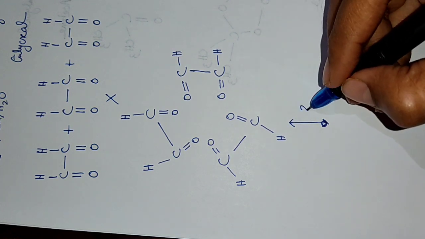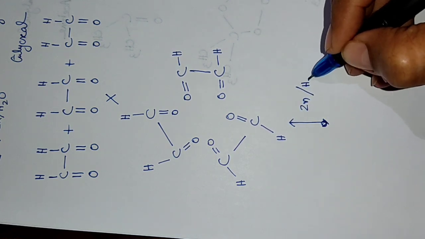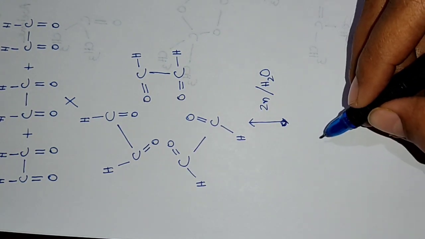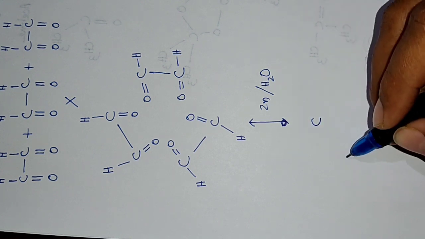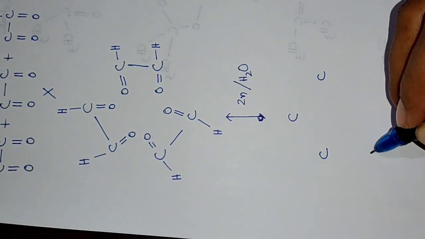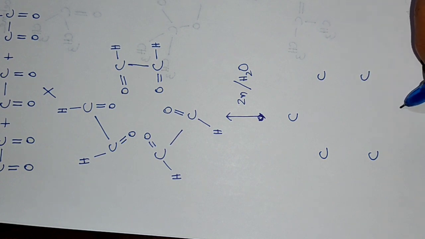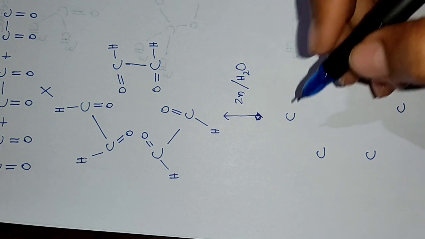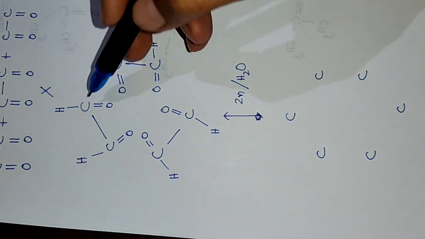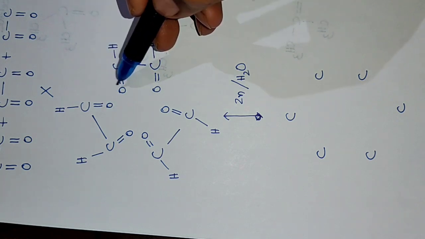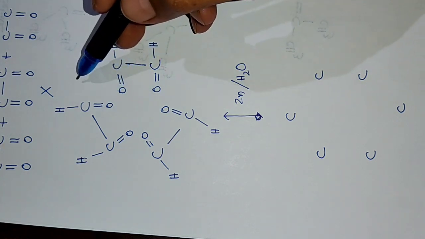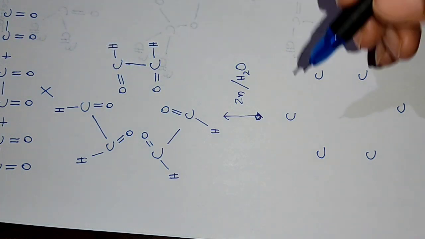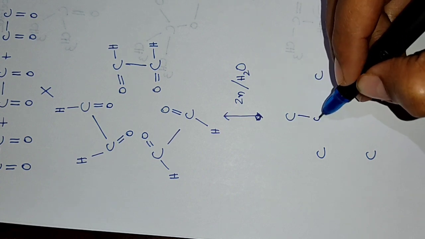Now this was obtained when we treat the ozonide with Zn/H2O or DMS. So what was the previous structure? This C double bond O and C double bond O was actually the ozonide, and before the application of ozone it was a double bond. So we write here the ozonide first.